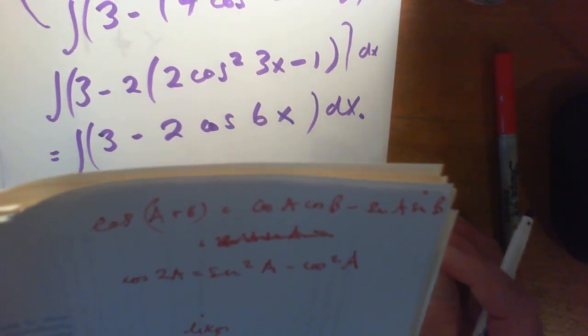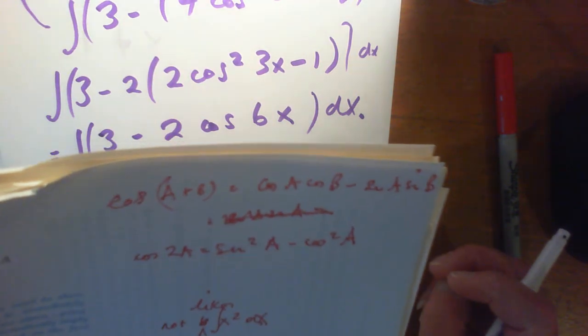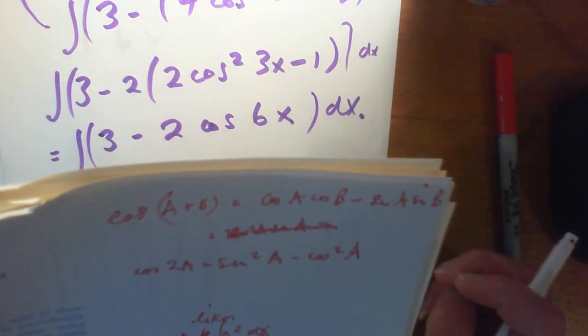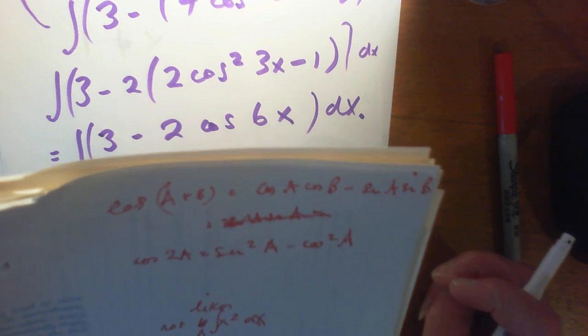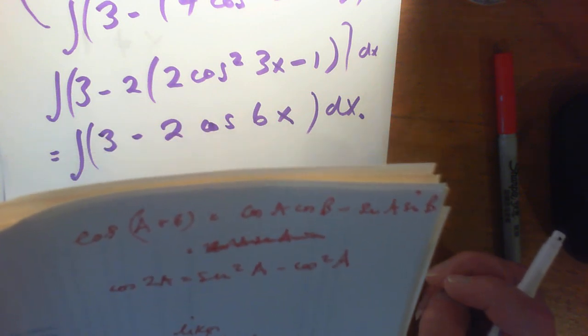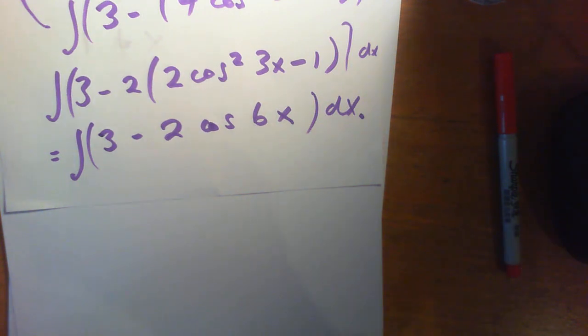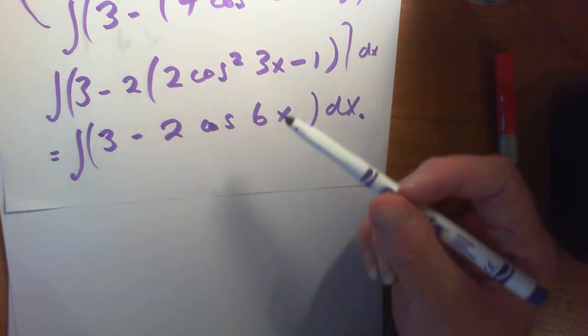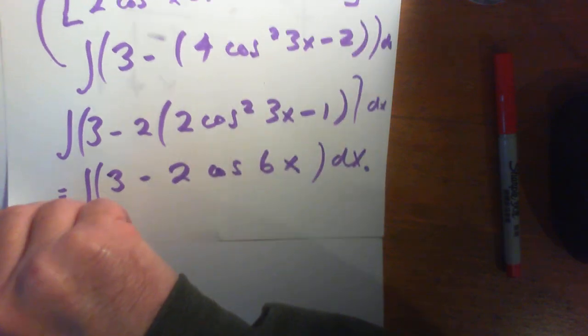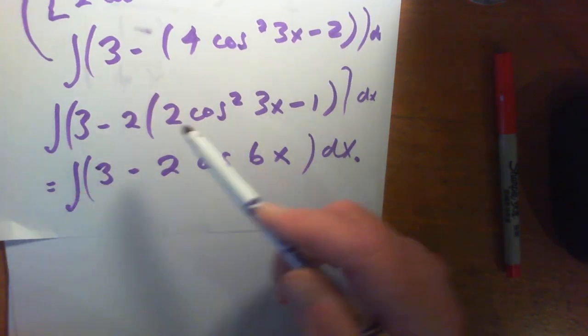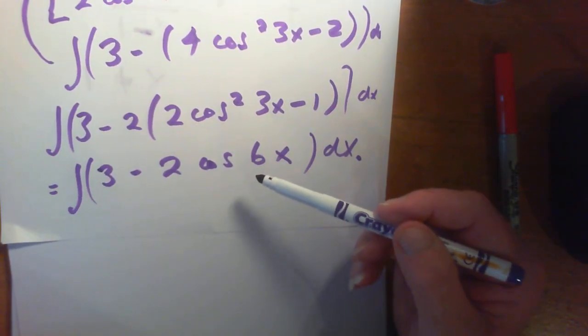The integral of cosine 6x is minus sine 6x over 6, and so on. But the important thing I wanted to note here is that I've got it all down to this stage here, and it's only then that I'm going to integrate.